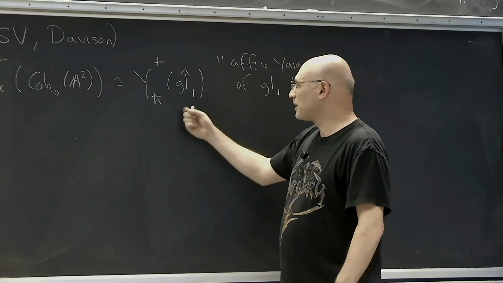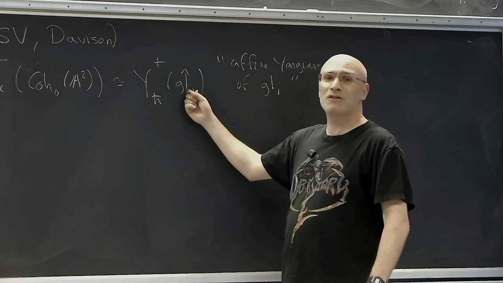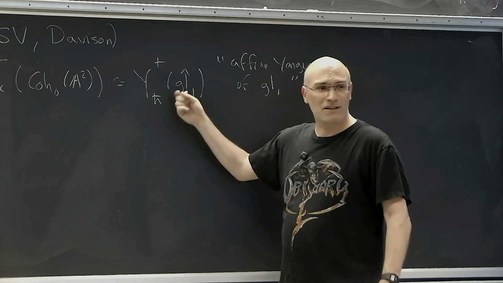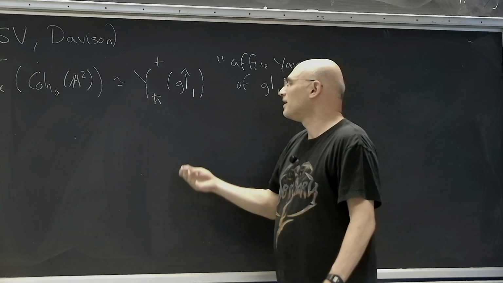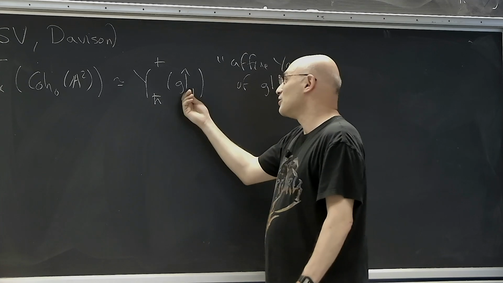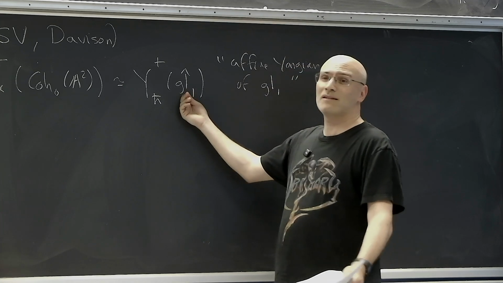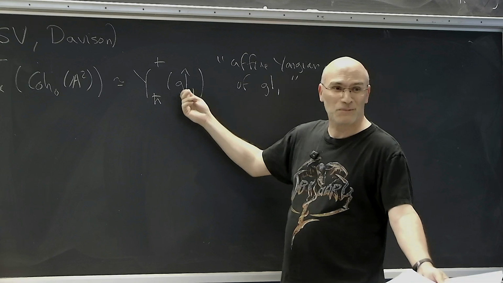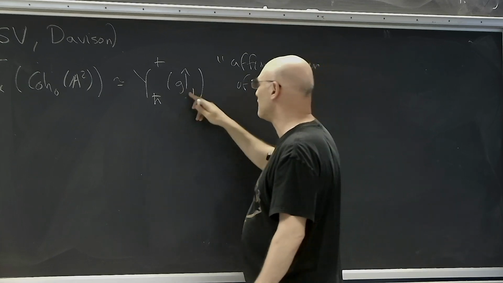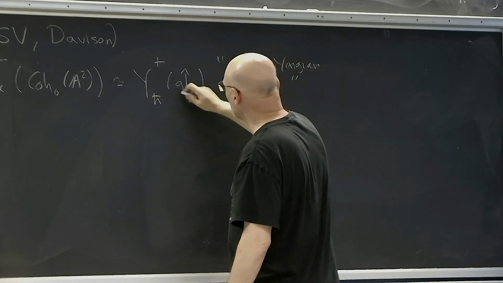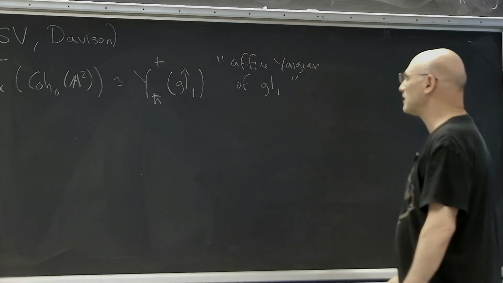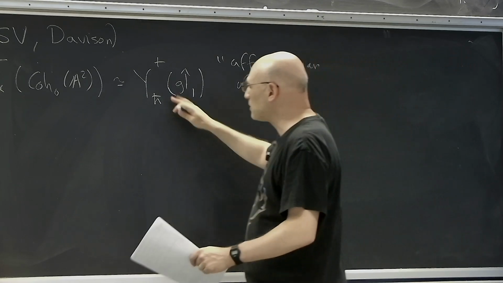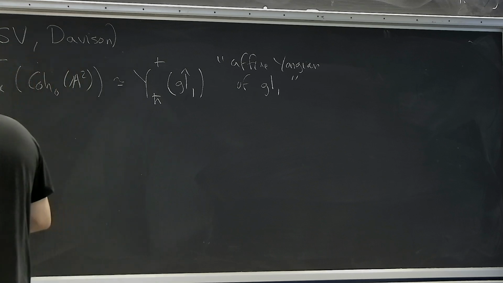Because you can define the Yangian of an arbitrary Kac-Moody algebra. You can just take Drinfeld's relations and apply them to your Kac-Moody root system, and Chevalley generators and so on. GL1 hat, although it's usually considered a Kac-Moody algebra, it's not really, right? You cannot just apply the Drinfeld relations to this one and hope to get something interesting. So you can almost say this is a definition of the affine Yangian of GL1.